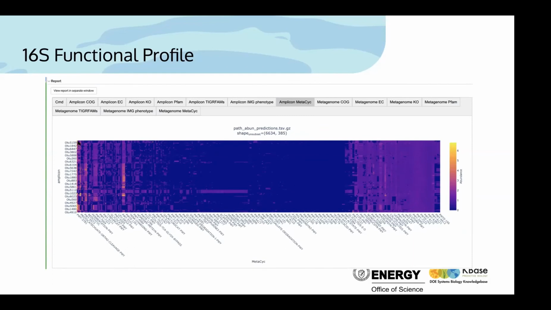You'll see that these bars are quite small, and so these labels don't capture all of the different OTUs at the moment, but the heat bar indicates the abundance of an individual MetaCyc pathway, with the pathways being these individual columns here. And so we can make predictions of MetaCyc pathways, IMG phenotypes, TIGRFAMs, Pfams, KOs, ECs, COGs, and we can do those things both for these individual taxa as well as for the whole community. And so that would be, again, at the sample level.